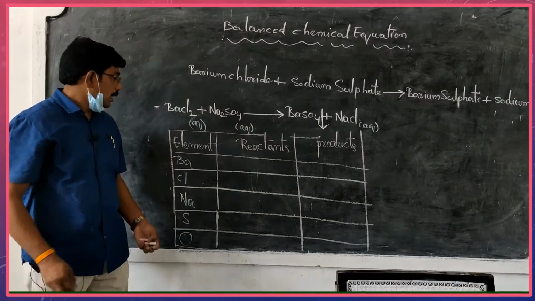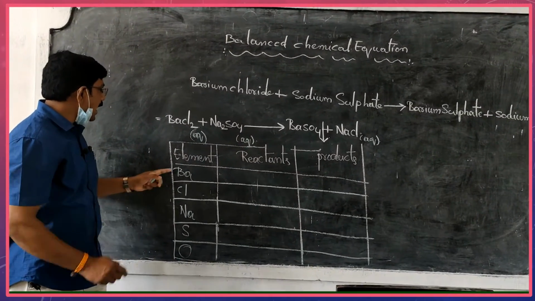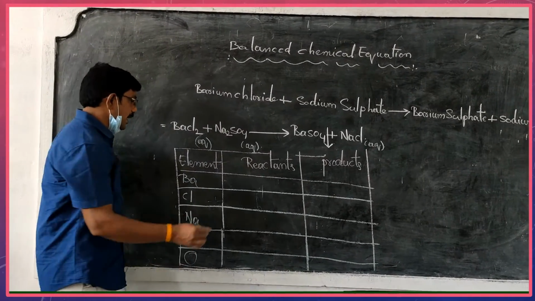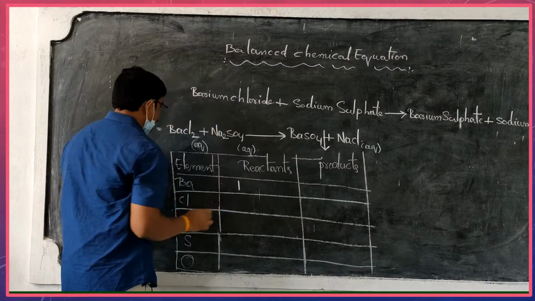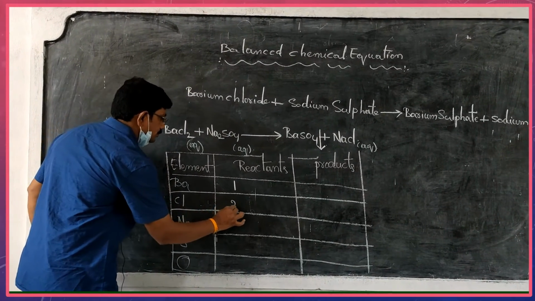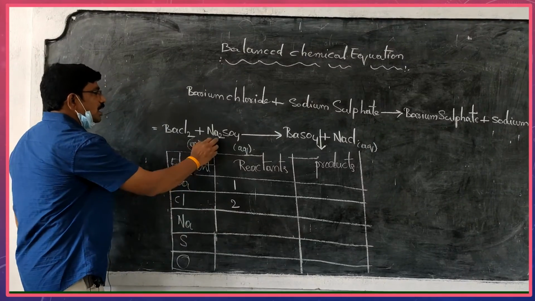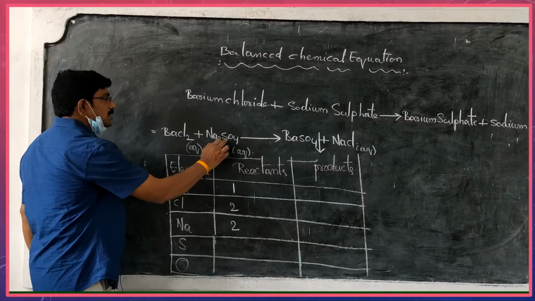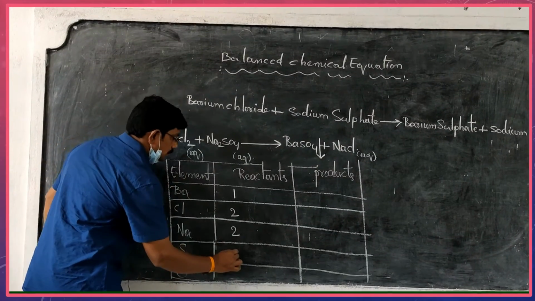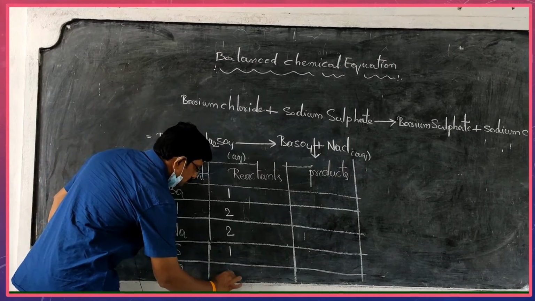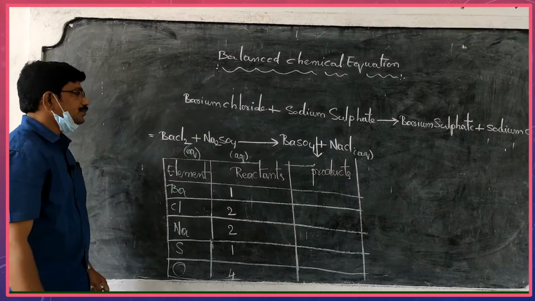Are you clear? Now, how many atoms of barium are present on the reactant side? One atom. Next, how many chlorines are present on the reactant side? How many sodiums? How many sulfurs? How many oxygens? Are you clear?